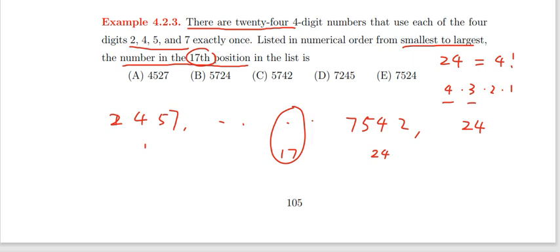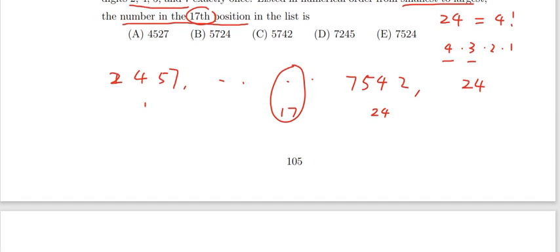Okay, so we just check, let's say, from the last. The largest numbers start with 7, right? How many such numbers? We have 3 factorial. We have 6 of them.